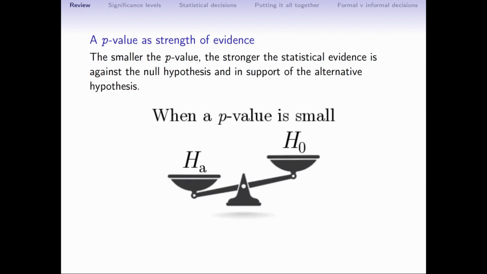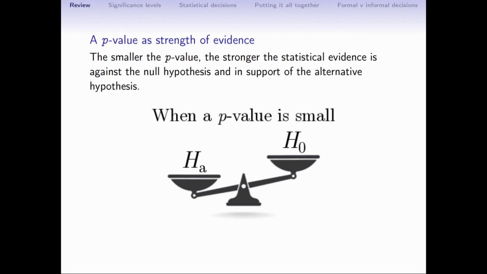So let's think of a p-value as a measure of strength of evidence. The smaller the p-value, the stronger the statistical evidence is against the null hypothesis and in support of the alternative hypothesis. So I have this presented in this figure below. When a p-value is small, we should think of the alternative hypothesis as now having more weight.